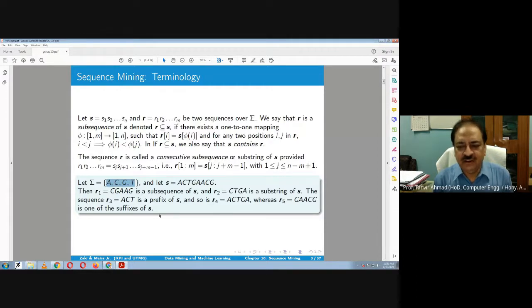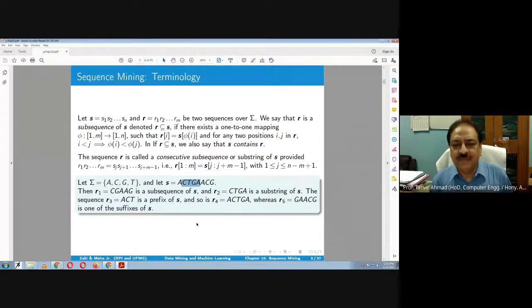Now, if you look over there, you find that that is a subsequence of S. Why? Because you find C is here, G, A, A is here, and G is over. Though it is not a consecutive subsequence, it is a subsequence. Similarly, C, T, G, A are all consecutive.